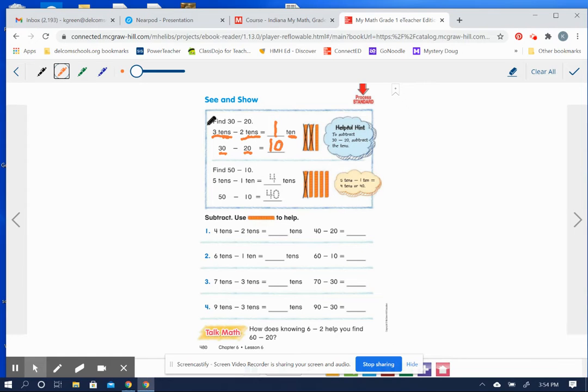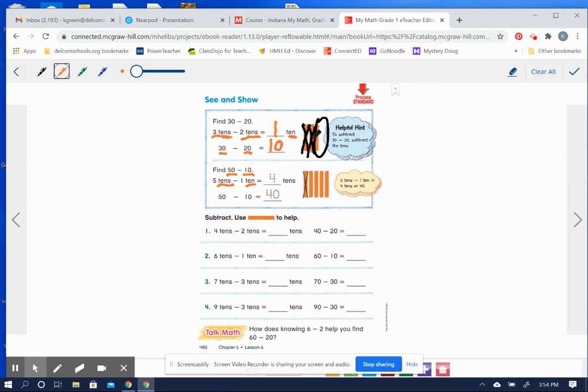And here you have the model. Three tens minus two tens. So we're going to put an X on two of those, and we're left with one ten over here. Okay, so now let's find 50 minus 10. 50 is the same as five tens, and one ten is the same as 10.